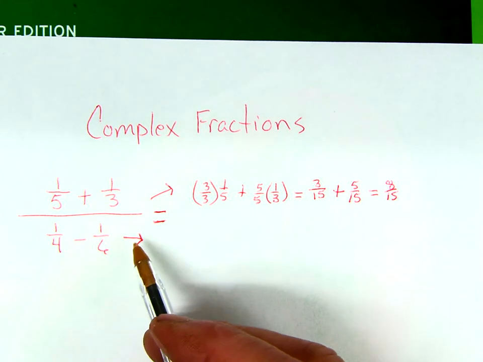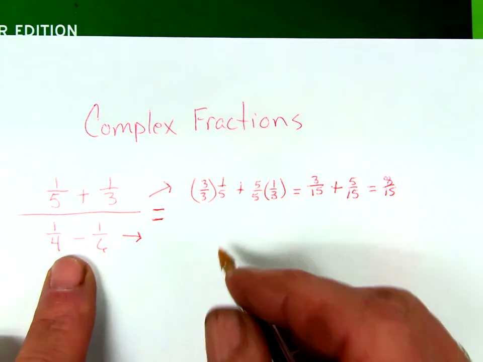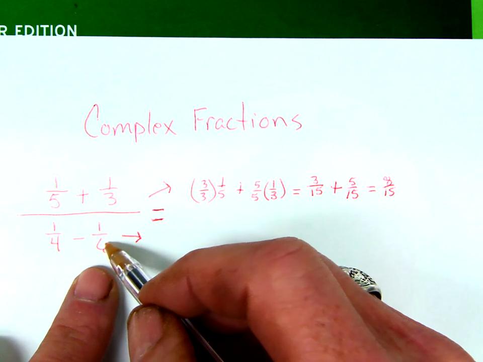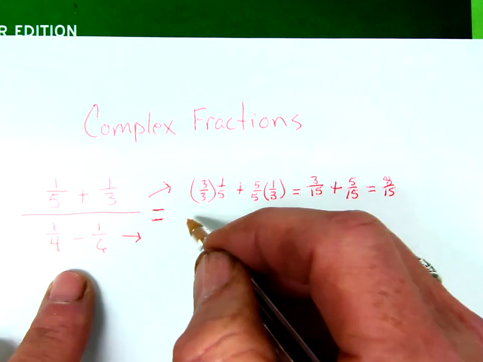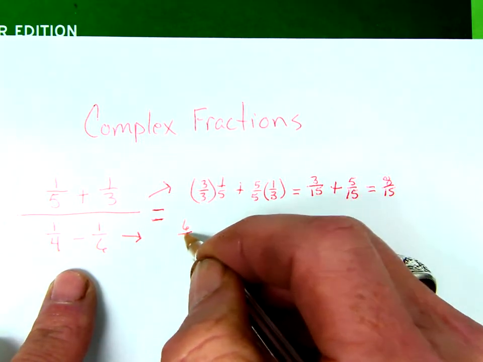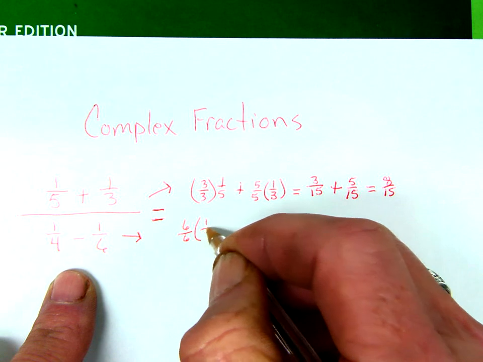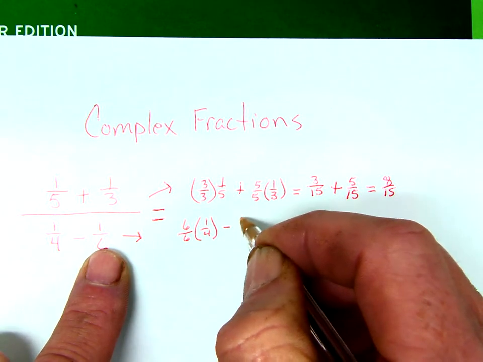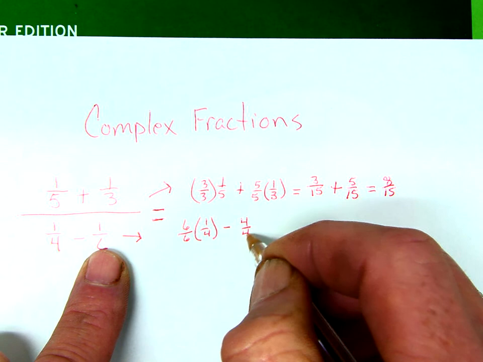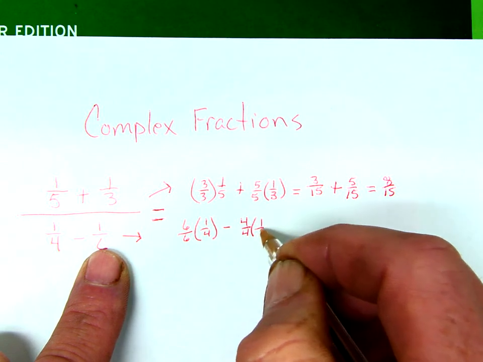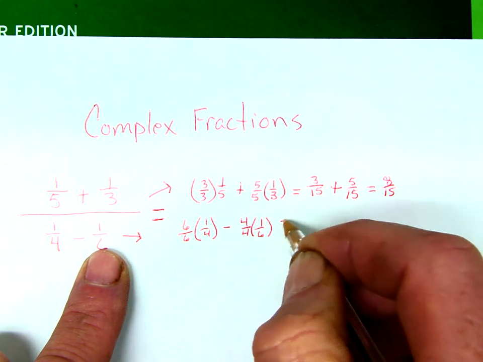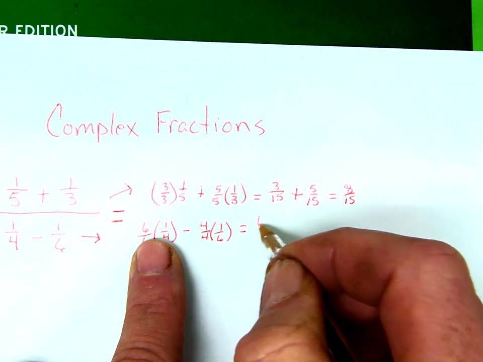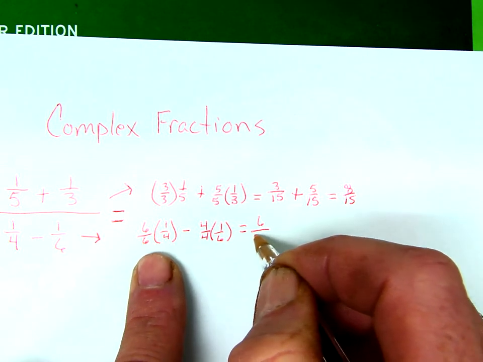Now it's time to do the same thing to the bottom. Multiply this one by 6 over 6 and this one by 4 over 4. So 6 over 6 times 1/4 minus 4 over 4 times 1 over 6. 6 times 1 is 6. 6 times 4 is 24.